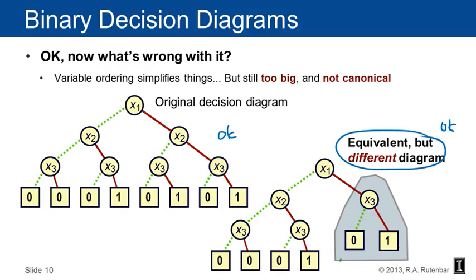There was an observation. If x2 is a 0, then we look at x3, and the value of the function is x3. x3 0, function makes a 0, x3 1, function makes a 1. If the value of x2 is 1, same thing happens. x3 makes a 0, the function's a 0. x3 is a 1, the function is a 1. I don't really need x2. x2 is not really providing me any value.